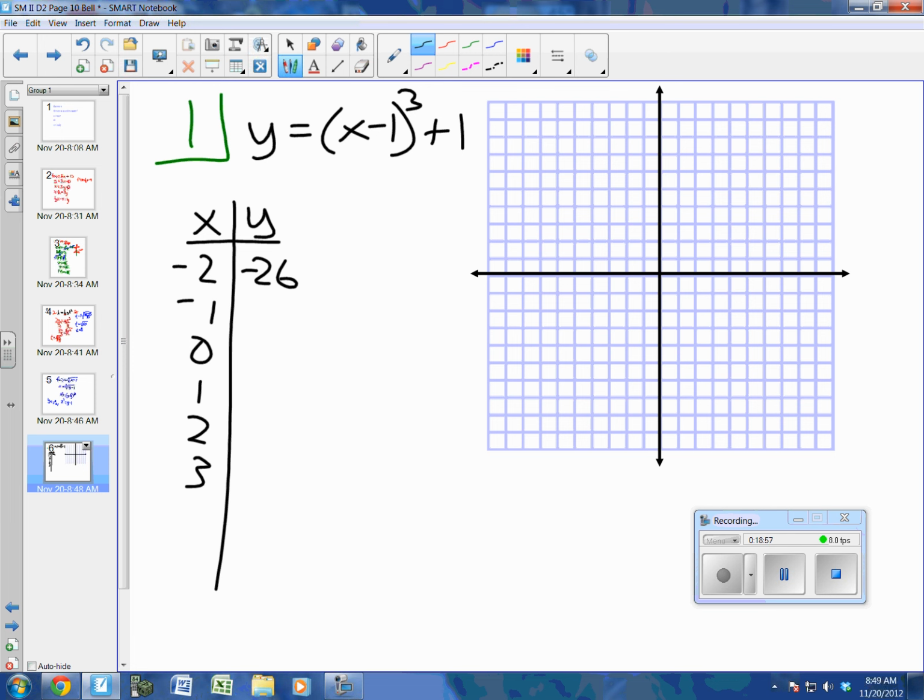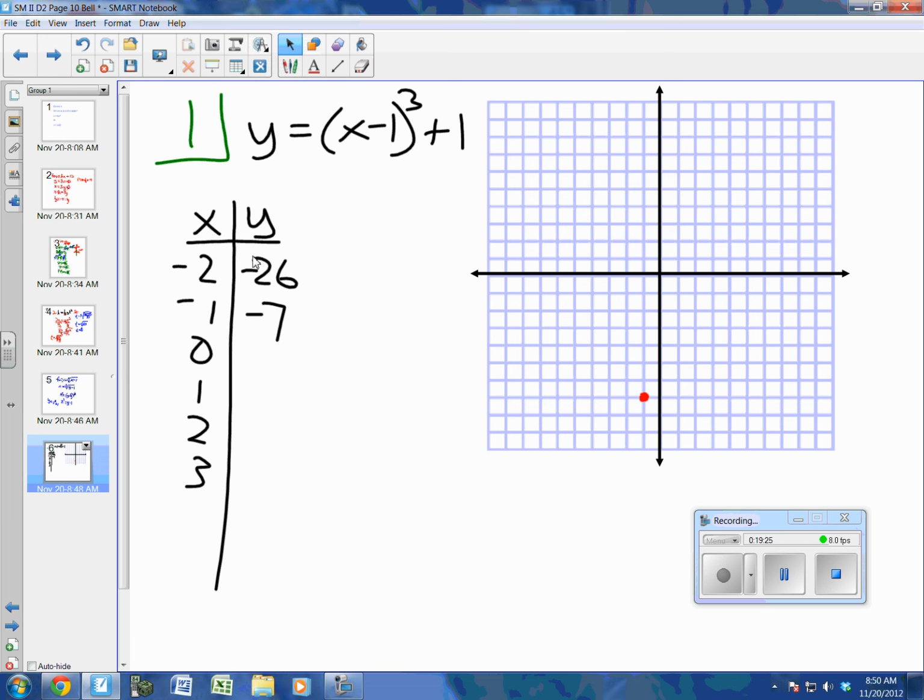Okay, let's put -1 in there. What's -1 minus 1? What's -2? What's -2 cubed? -8. -2 times -2 times -2 is -8. Plus 1 is -7. So everybody graph -1, -7. -1, -7 right there.